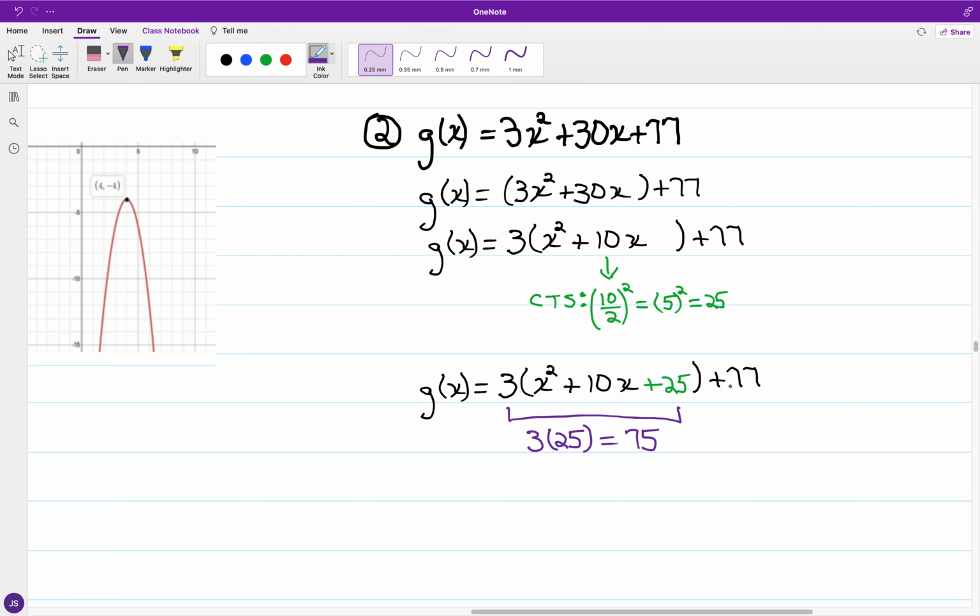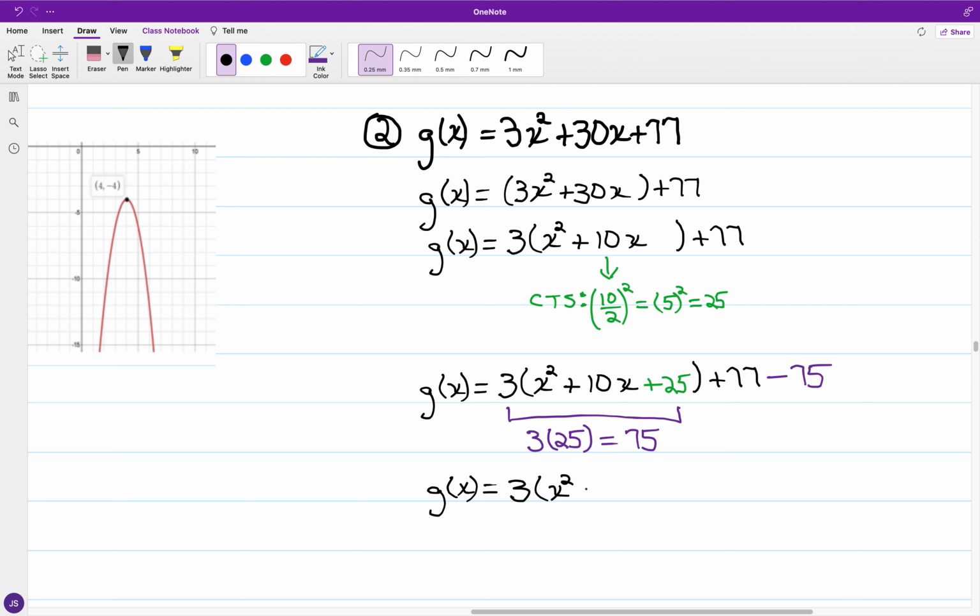So that means that to offset the surplus, I'm going to have to take away 75 at the end. Looking at what we have for now, g of x is equal to 3 times the quantity of x squared plus 10x plus 25, and we have 77 minus 75, which is 2.